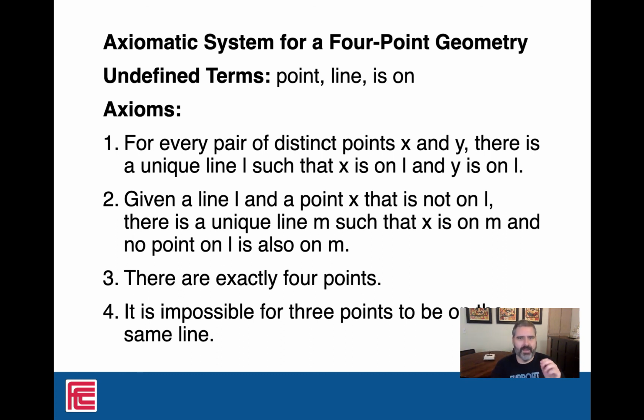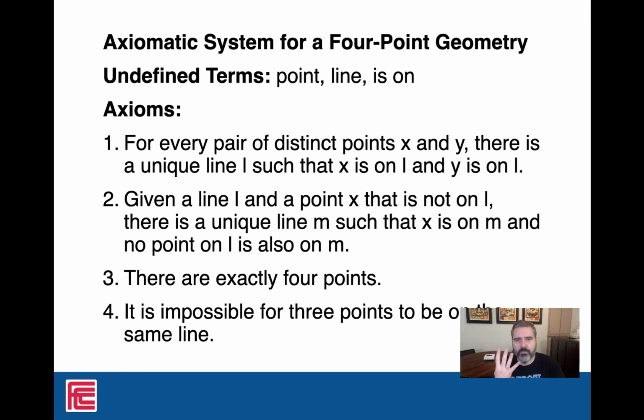So if I have a point x and a line L, there is a unique second line M such that x is on M and no point on L is also on M. So these 2 lines, L and M, don't share any points in common, right?